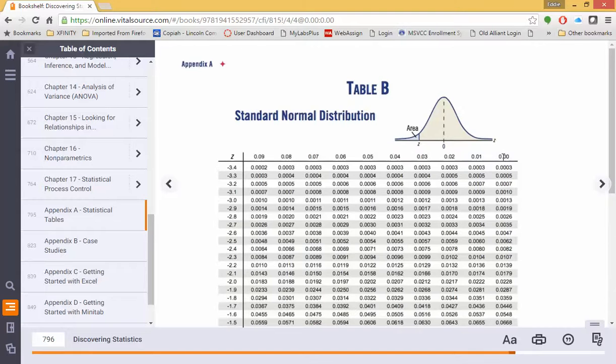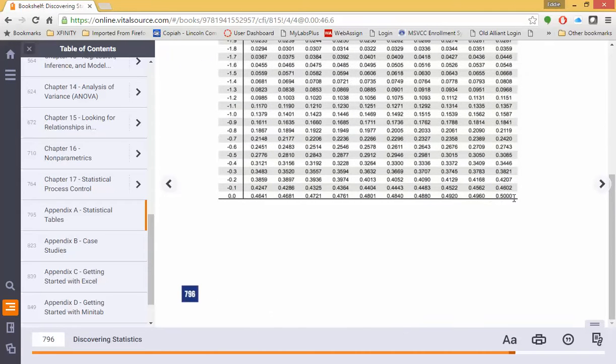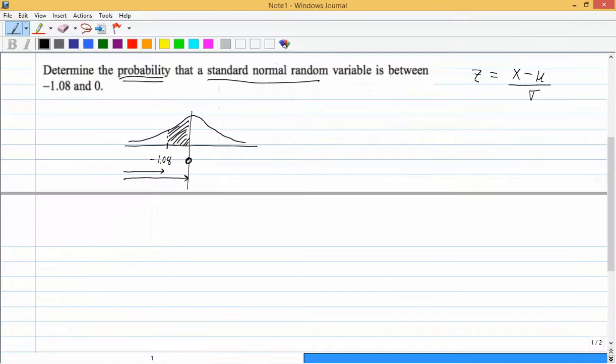So 0.00 is going to be on the last column, the very last value, and it may be a little tough for you to see up here, but it's 0.5000. You don't have to use a table to get that, because half of the area under the curve is at 0, and that's 0.5, so the area cumulative from left to right will be 0.5.